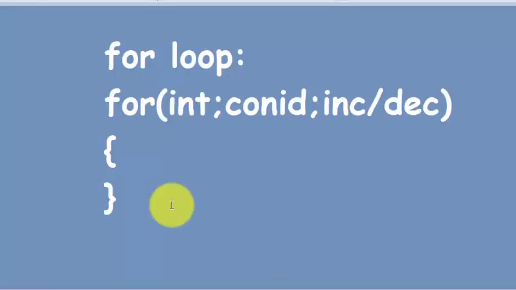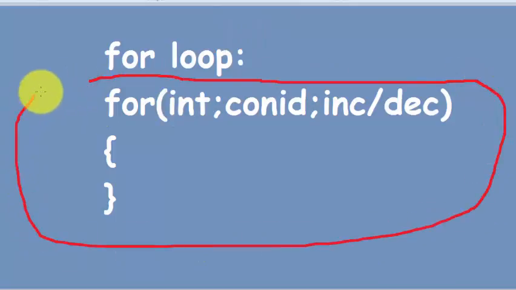Okay guys, as you can see, this is the for loop, and this is initialization, which means where our loop starts. For example, if we want to print numbers, we can say the loop starts printing from 1. Then this is the condition.